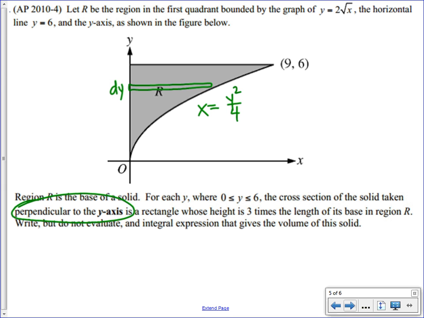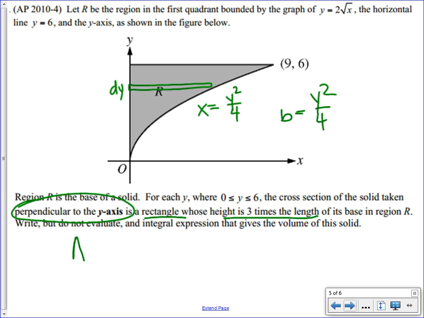Okay, perfect. So first of all, let's talk about the base. How long is the base of this cross section? Right minus left. So y squared over 4 minus 0. So that's our base. Let's talk about the area of rectangles whose height is 3 times the length of the base.